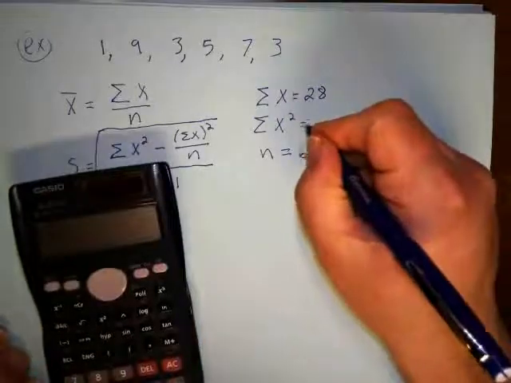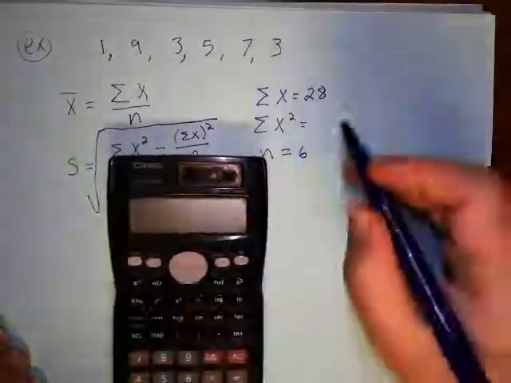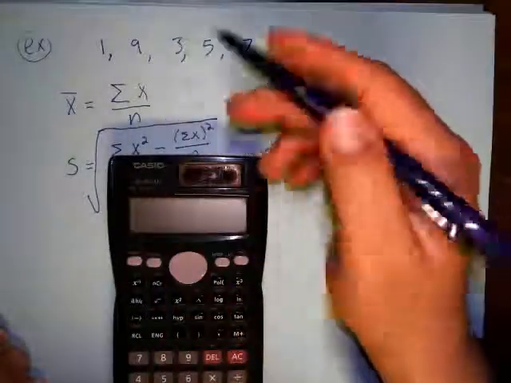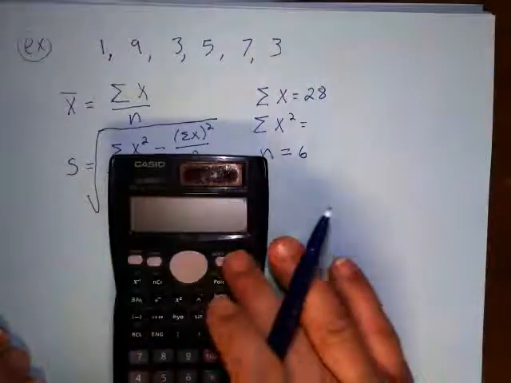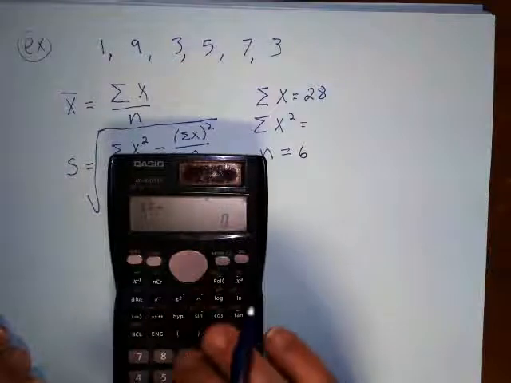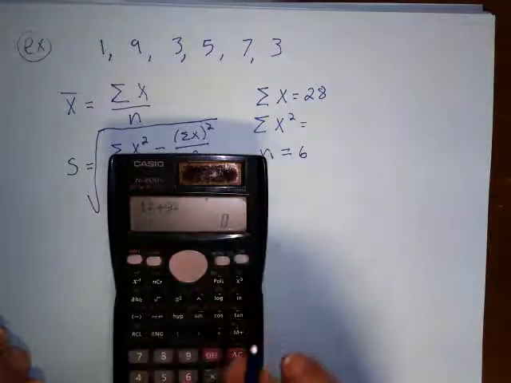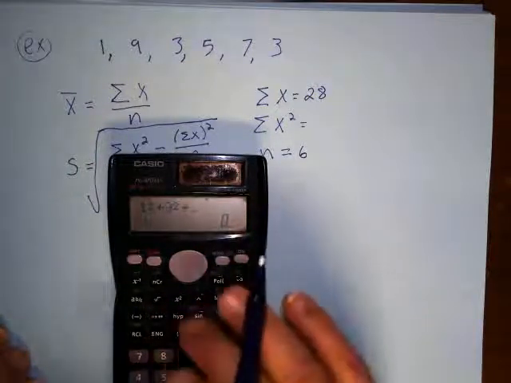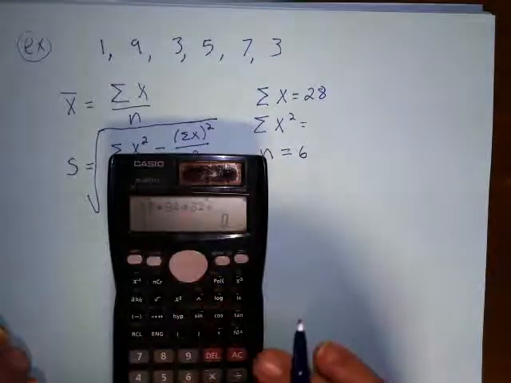Now if you remember, for the sum of x squared you have to square each value first and then add up the squares. I could do it on my calculator like this.